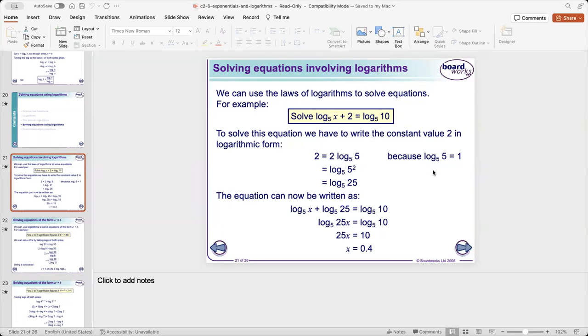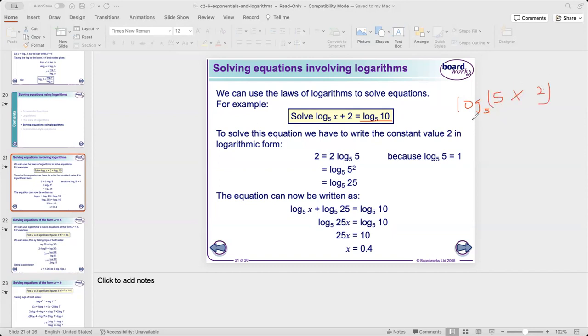By solving this, log 5 is going to be equal to 1. So you can change this one to log 5 times 2. That gives you log 5 is 1, and 1 times 2 is going to be 2.